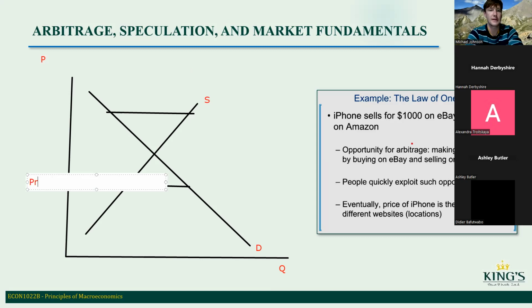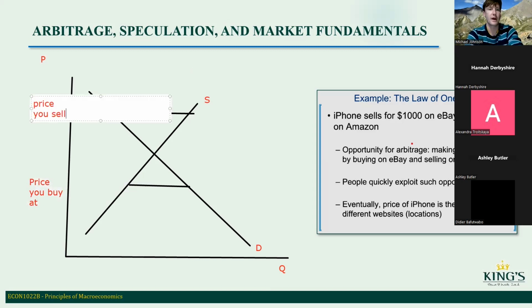Here it's the price you buy at right here, and then the price you sell at. So this would be the arbitrage example. You'd buy at this price that's lower right here, so you'd buy here and you'd sell here.